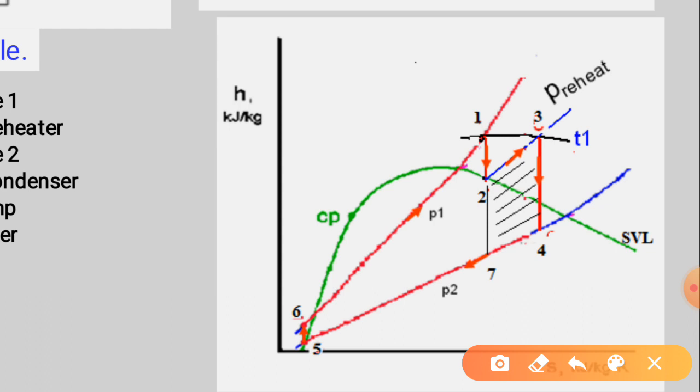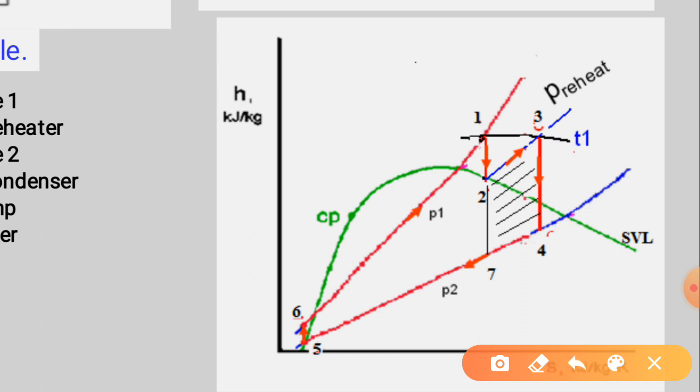Here the steam in the superheated region, that is at state 1, enters turbine stage 1, and undergoes isentropic expansion from 1 to 2. Then 2 to 3 is the reheating process, and after reheating it enters turbine 2 at state 3, then undergoes isentropic expansion.